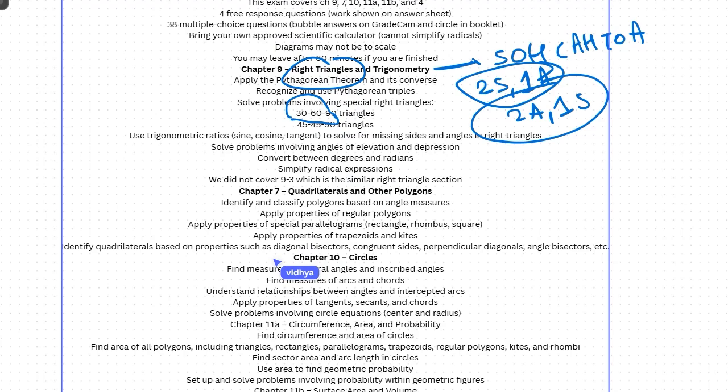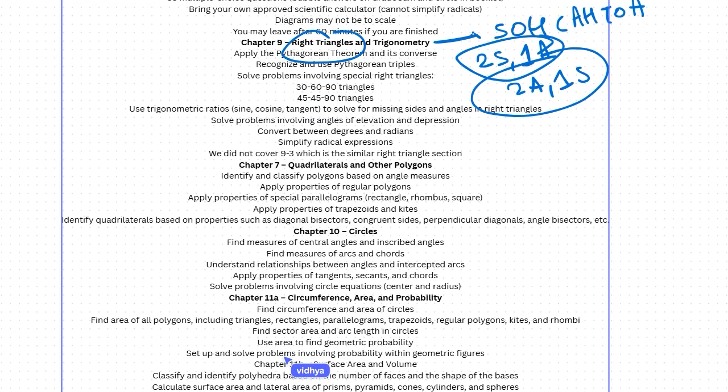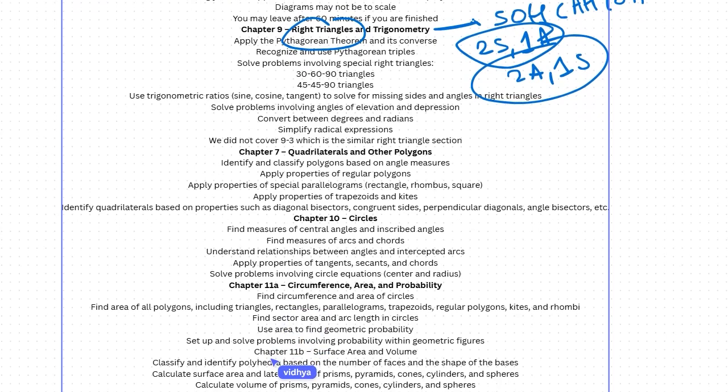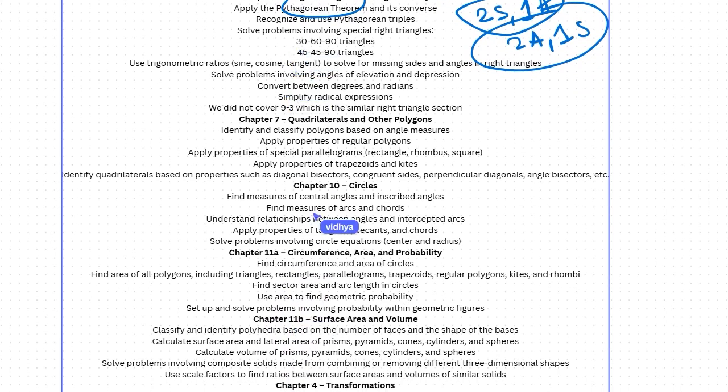The side opposite 30 will be half the hypotenuse. What about 45, 45, 90? It's easier. The hypotenuse is root 2, and the 45 sides are equal. Next, solve for missing sides and angles means this analogy.